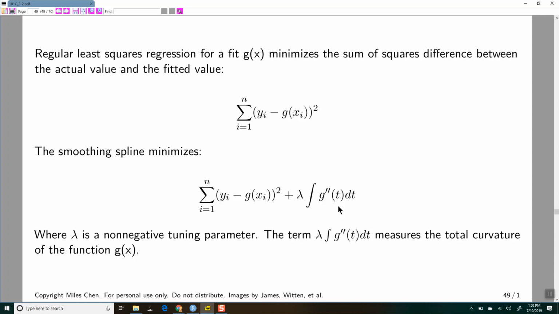It's how quickly the first derivative is changing, which means how quickly the slope is changing. If it changes rapidly, you're going to have a big second derivative, and that gets penalized, right? And then this lambda is how much penalty do we apply.